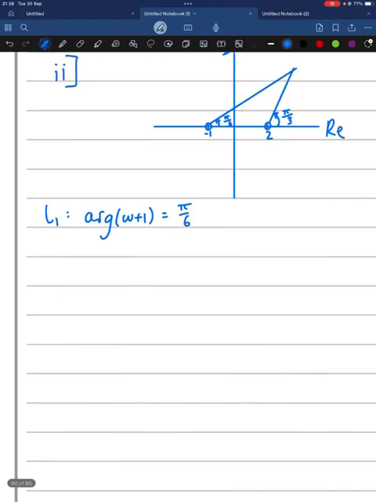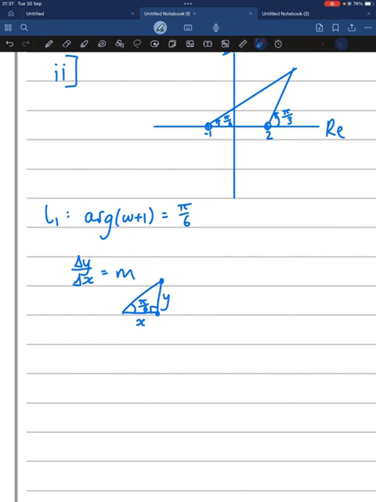Now, we know that the change in y over the change in x is equal to the gradient of the line. Of this same line, because this side is vertically up, the x stays the same, so it's only the change in y, and the same for the other side, where it's only the change in x.